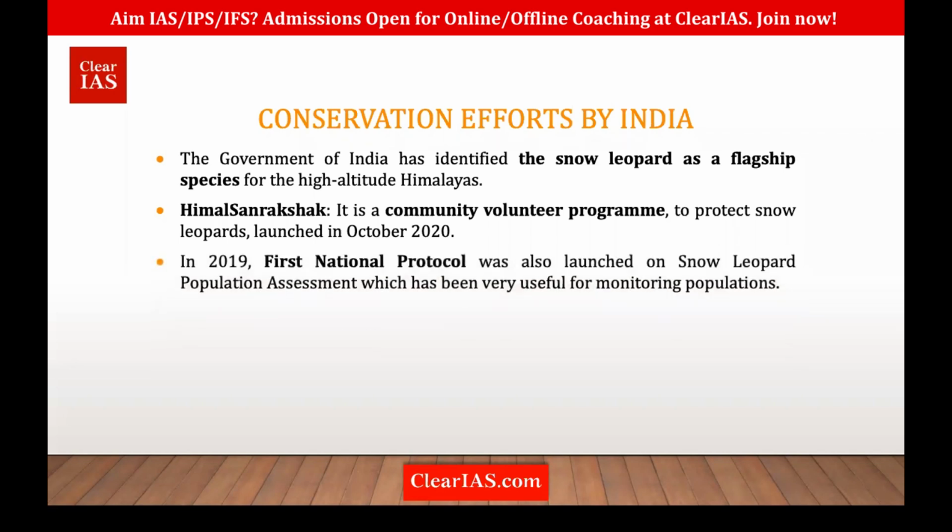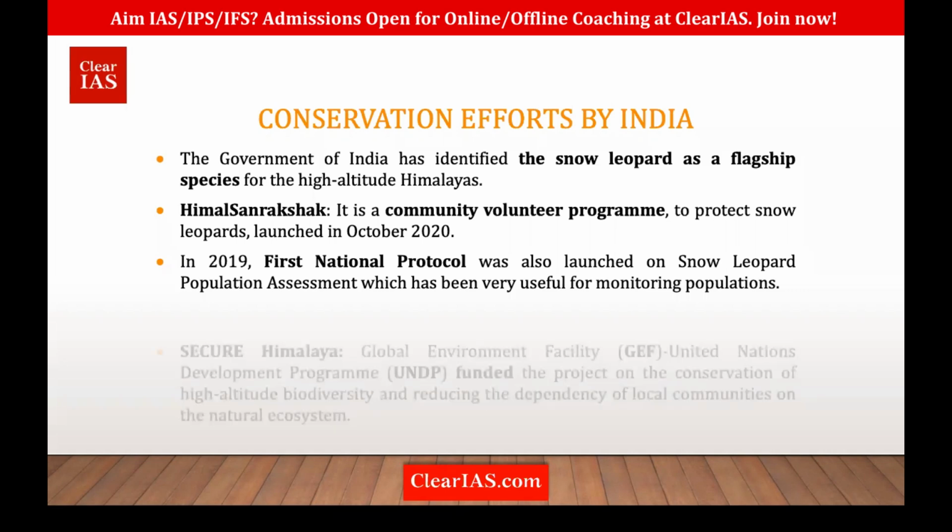It started in 2020. Apart from that, in 2019 the first national protocol was launched in order to assess the population of snow leopards, and it has been very useful. So we have Himal Sanrakshak and the national protocol.